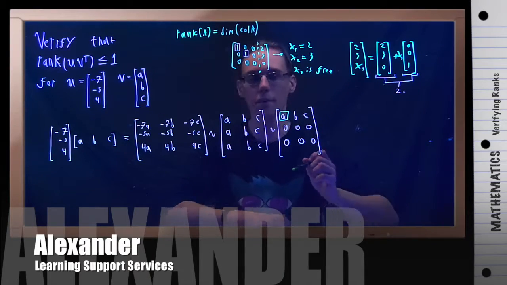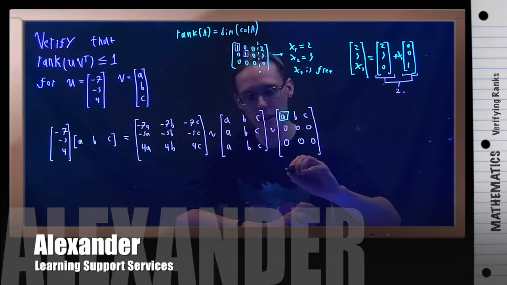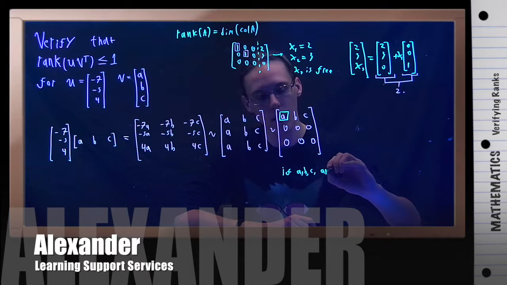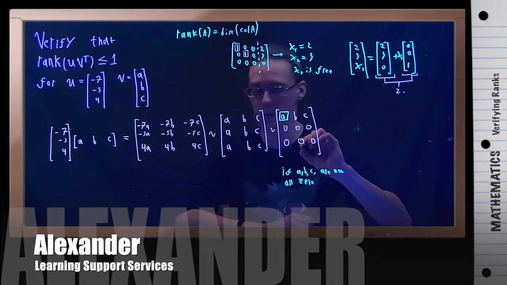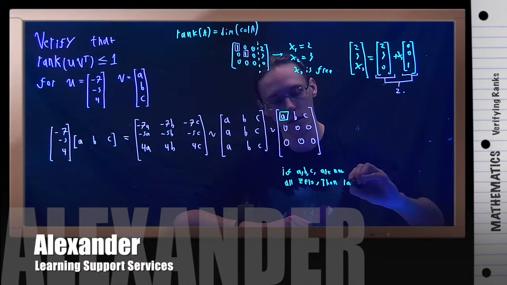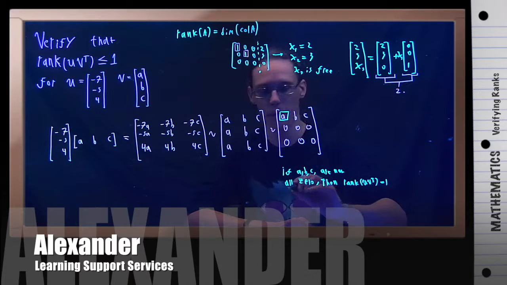And we see here that if A, B, C are not all 0, so at least one of them is not 0, then the rank of U V transpose is equal to 1.